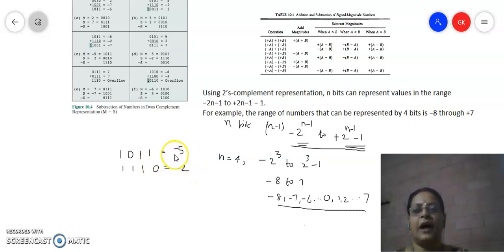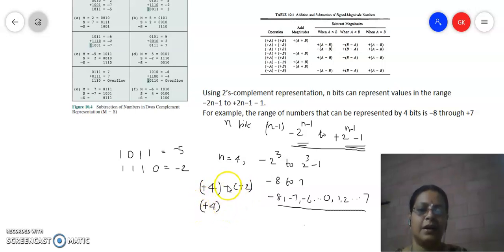As far as the computer is concerned, how is this subtraction going to be done? If you want to subtract minus 5 from minus 2, what do we have to do? You have to take the 2's complement of the second number and then perform addition. So if it is 4 minus 2, that means you have to subtract 4 minus 2. You just keep the first number as such.